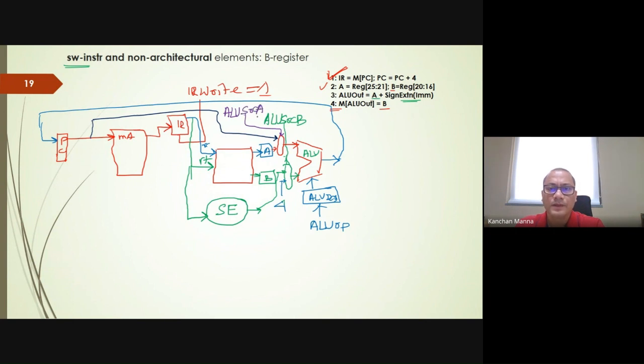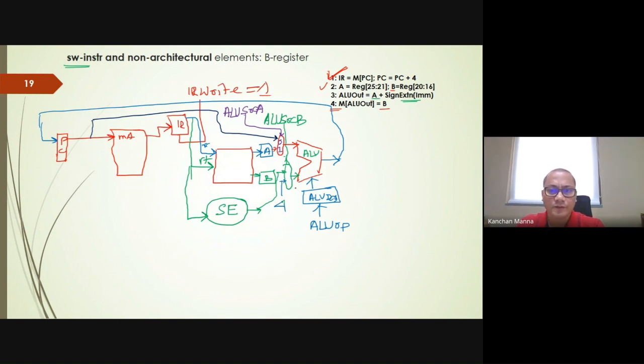Okay. Now we have to mention, as it is marked, the 0 and 1, right? So here, let's say when this is 0, then we'll take the PC value. If it is 1, we'll take the A value.